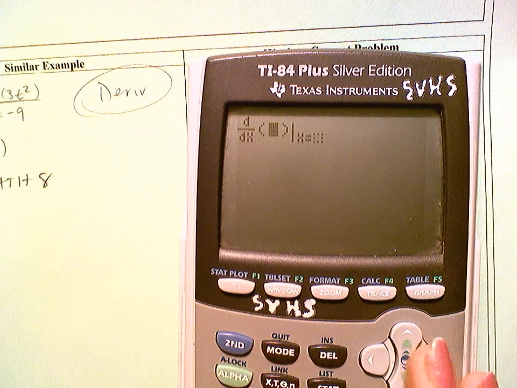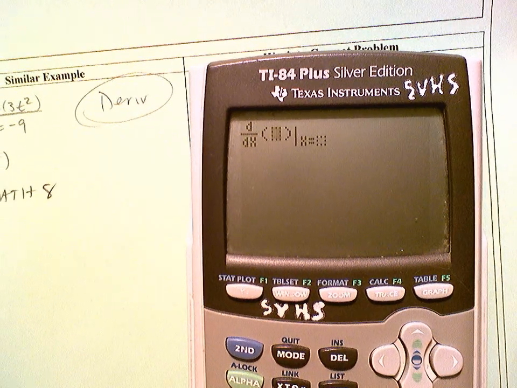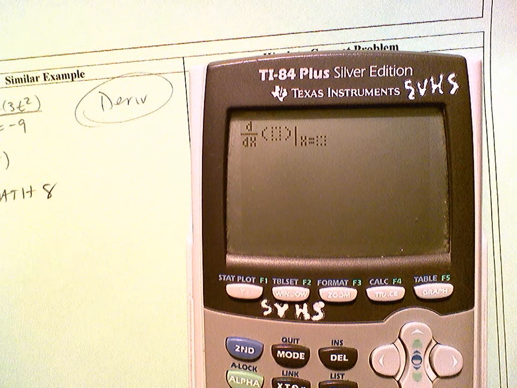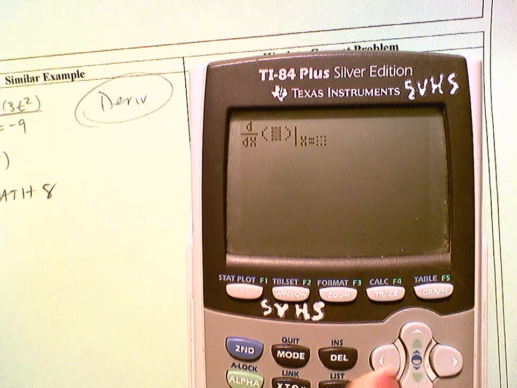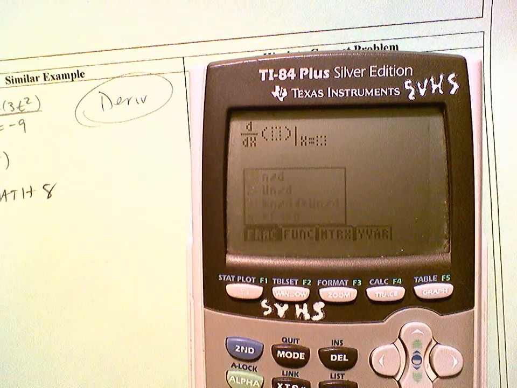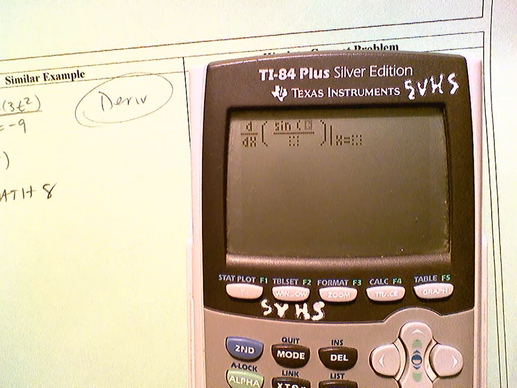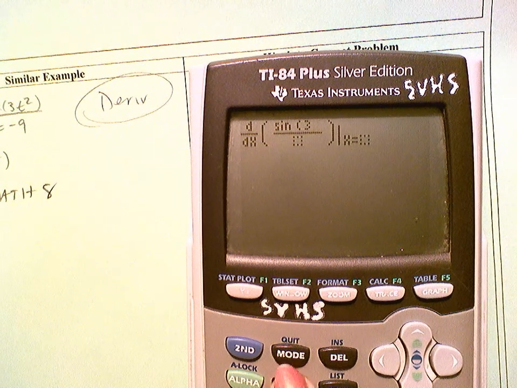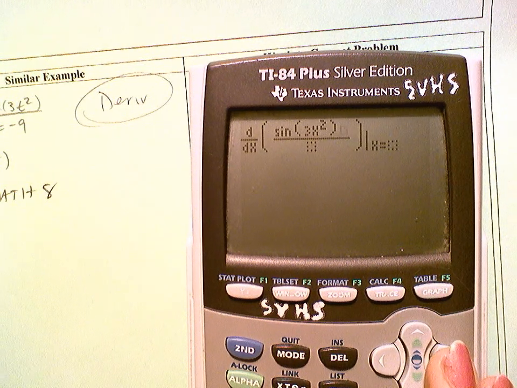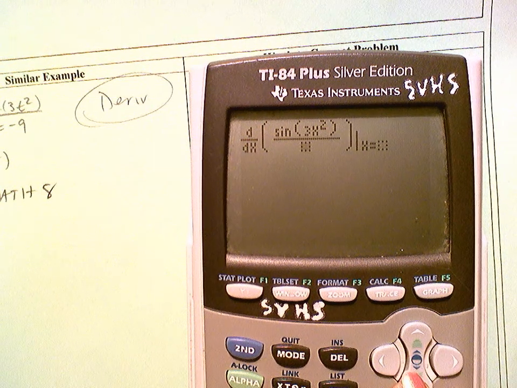So we plug an x in there because that's the independent variable, the input variable. And then in here I plug the function. I'm going to go alpha y equals; if you have a nice calculator, it'll just set it up like that. And then sine of 3x squared over x minus 9.